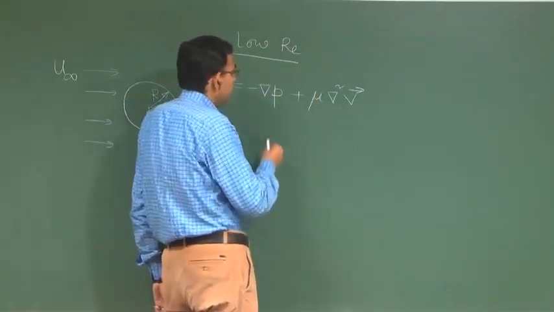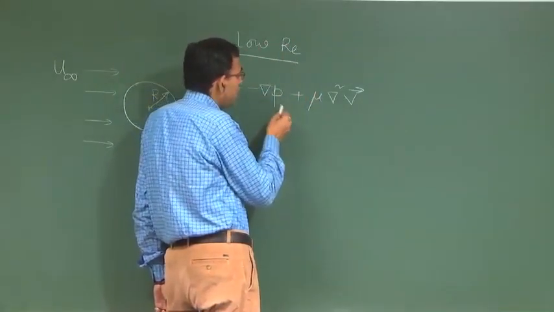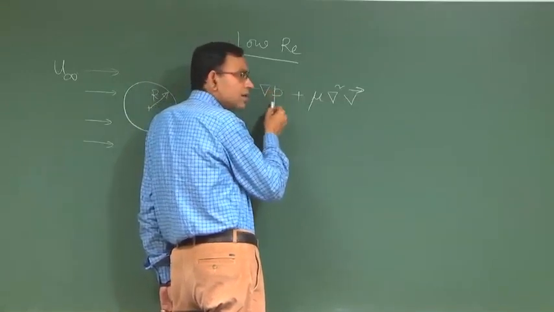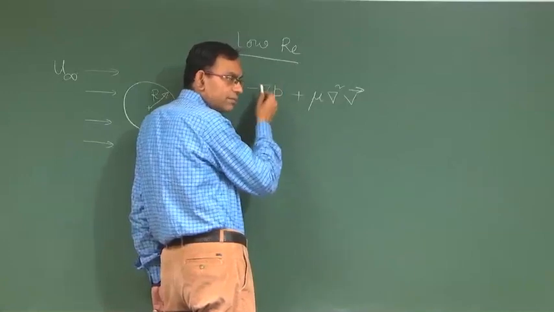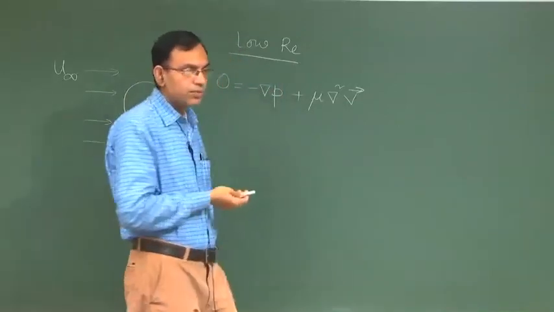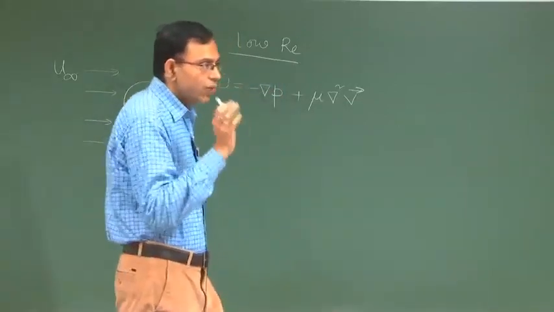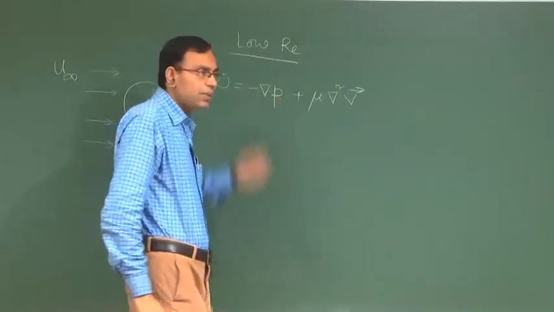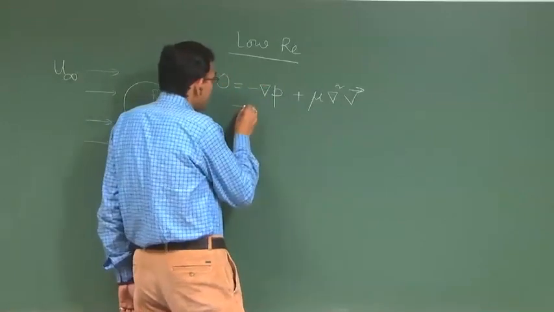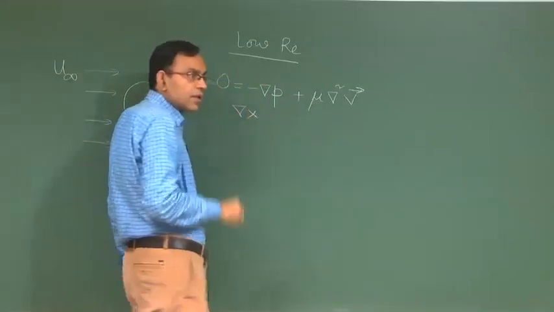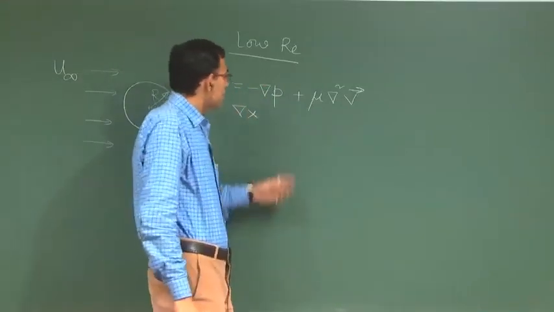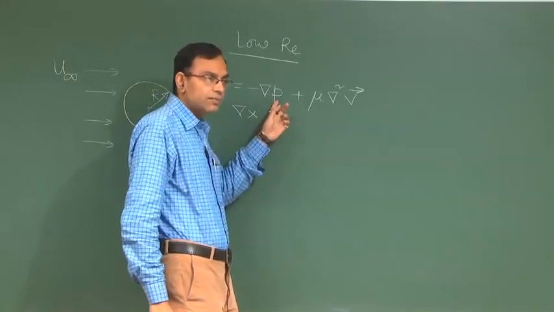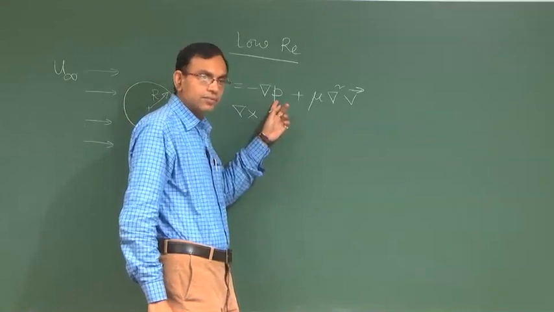Now again as I mentioned earlier, one of the challenges in dealing with this equation is that you have pressure as an unknown, but you do not have a separate governing equation for pressure. So one of the key strategies is you eliminate pressure. How do you eliminate pressure? You take the curl of both sides. If you take the curl of both sides you can use the vector identity that the curl of the gradient of a scalar is a null vector.